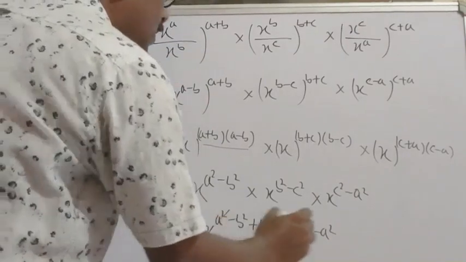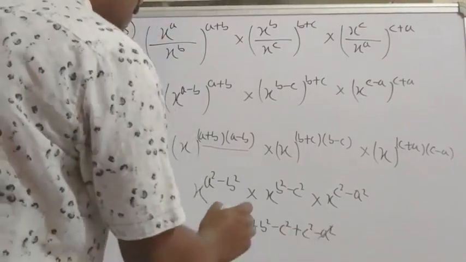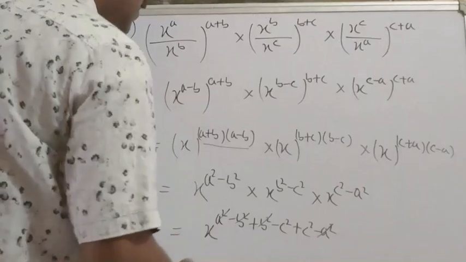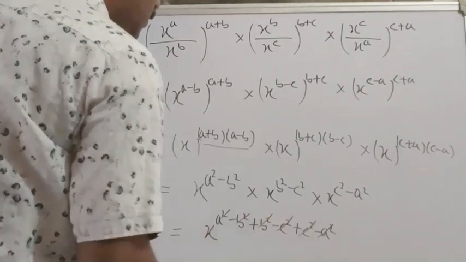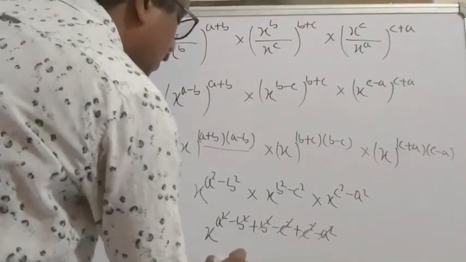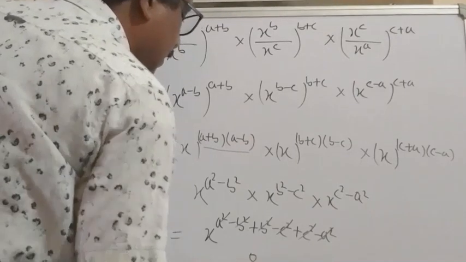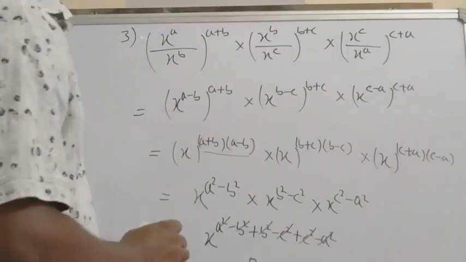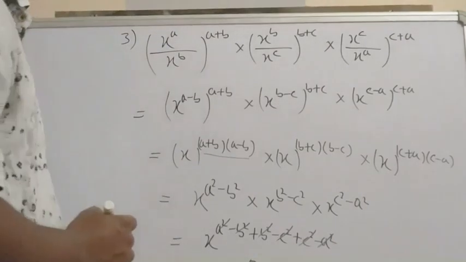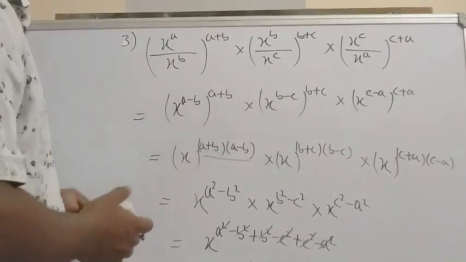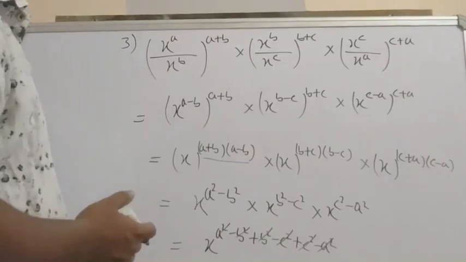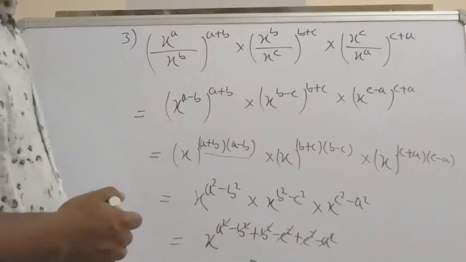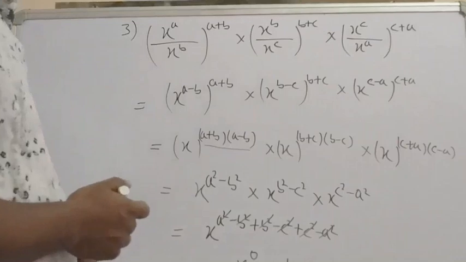Here plus a square minus a square cancel, plus b square minus b square cancel, plus c square minus c square cancel. So everything is cancelled. So what is left? x to the power 0 is equal to 1. Power is 0 means the answer is 1. So easy. This much you have to do. You will get a 4 mark question like this in the exam. Very important but very easy.